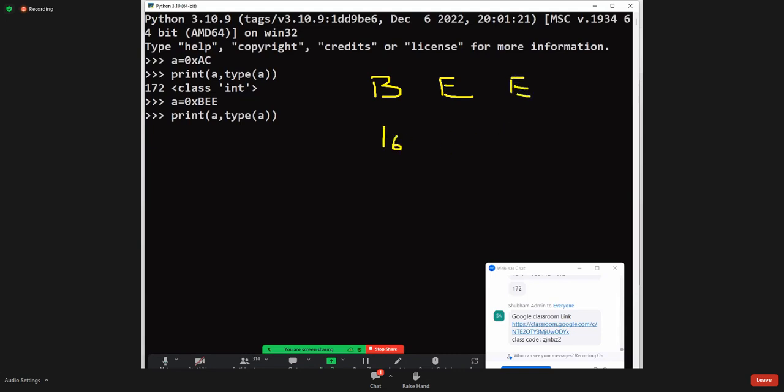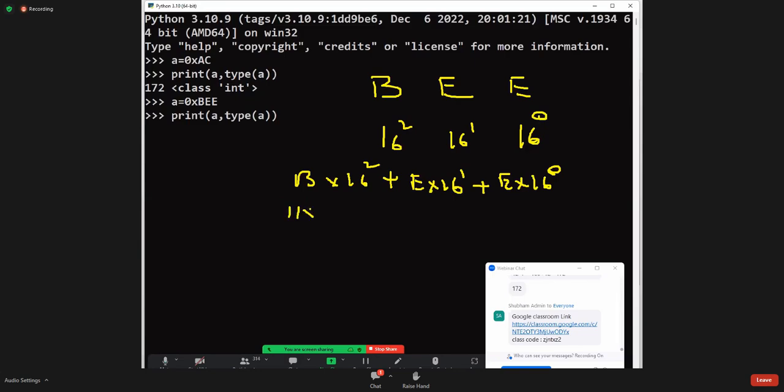When this is given, try to write it out: 16 square, 16 to the power of 1, 16 to the power of 0. B into 16 square, E into 16 to the power of 1 plus E into 16 to the power of 0. B value is 11 into 16 square, which is 256. E is 14, so 14 into 16 plus 14 into 1.